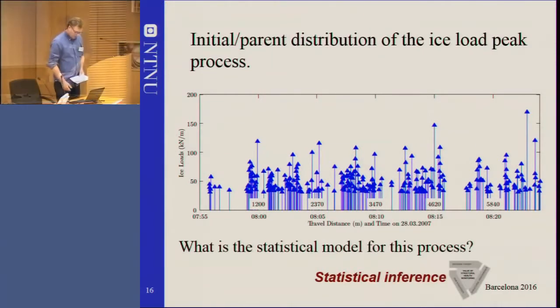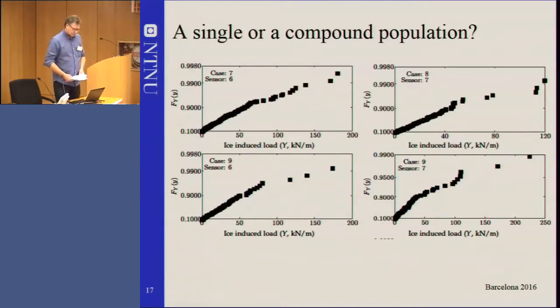This was a PhD student doing the analysis of these measurements. And then we can see that this is typically a two-slope population, so it seems that the high values of the loading are driven by maybe multi-year inclusions in first-year ice, so it is harder ice, which is driving the upper part of the population.